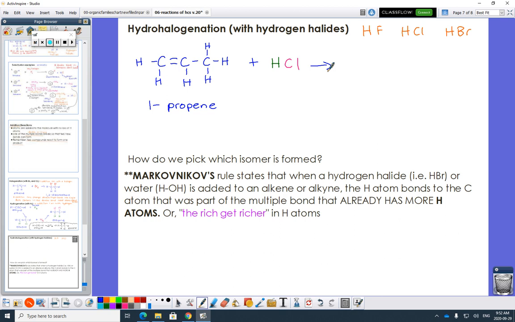So in all the other cases, we added Br2, Cl2, H2. They were the same. What happens if it's not the same? So we're going to break the double bond and make it single.